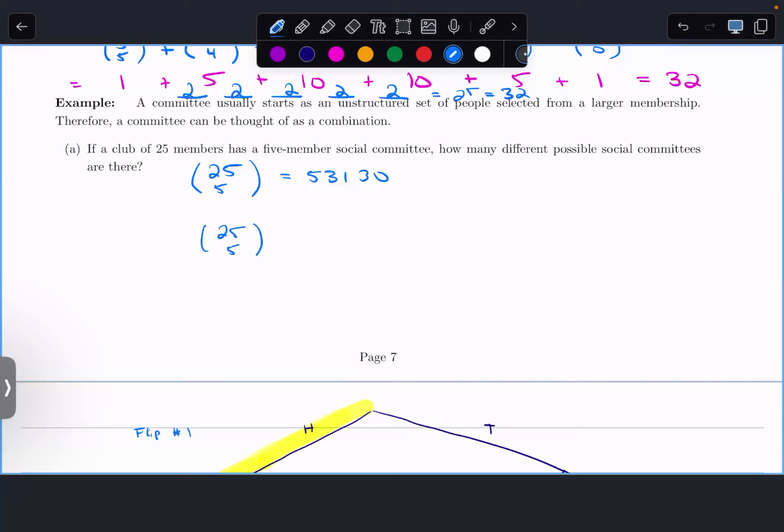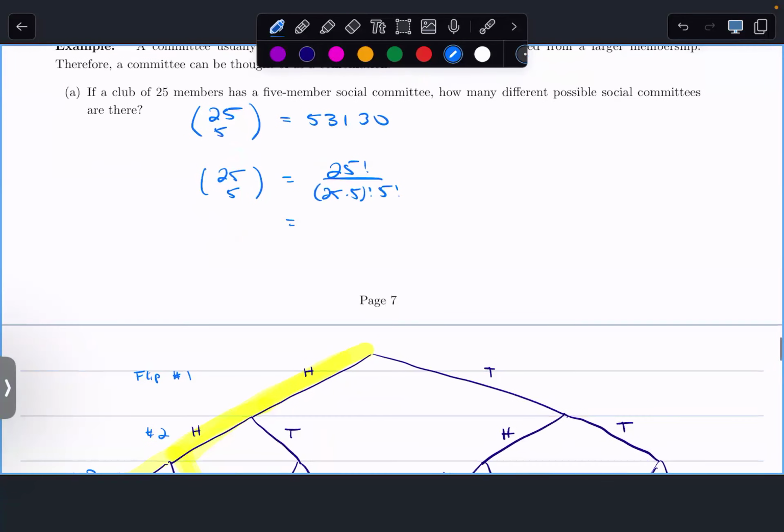Well, 25 choose 5 is 25 factorial over 25 minus 5 factorial times 5 factorial, which is 25 times 24 times 23 times 22 times 21 times 20 factorial divided by 20 factorial and 5 factorial.